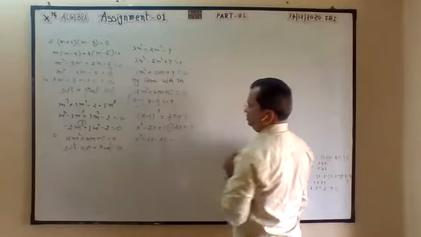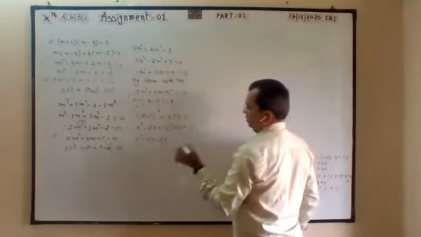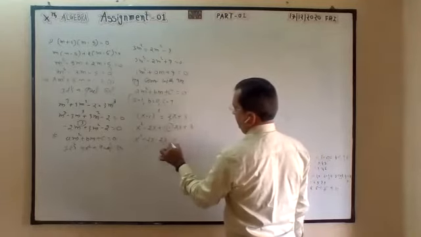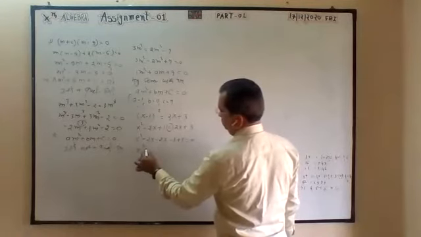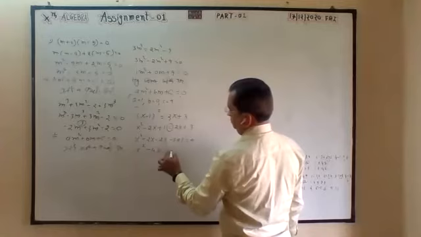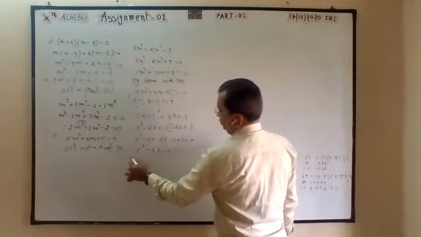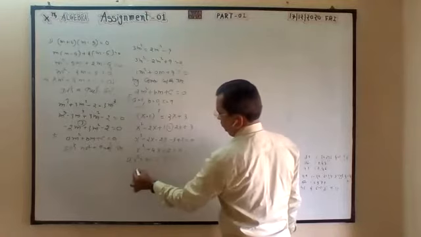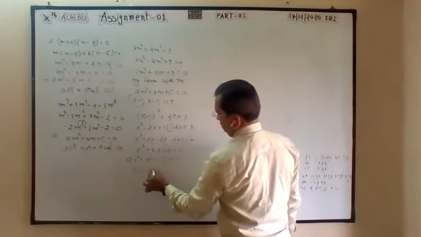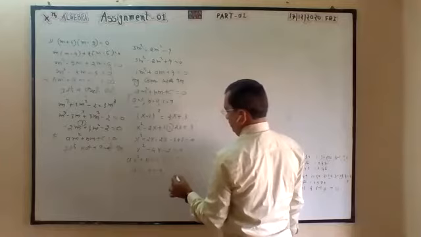When you jump the equal sign, you have to change the original sign. So plus to minus. By comparing with ax square plus bx plus c is equal to 0, a is equal to 1, b is equal to minus 4.